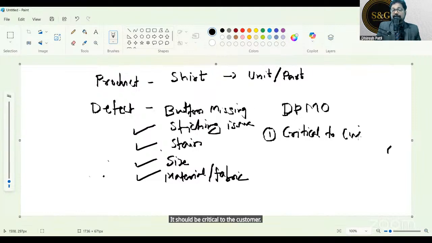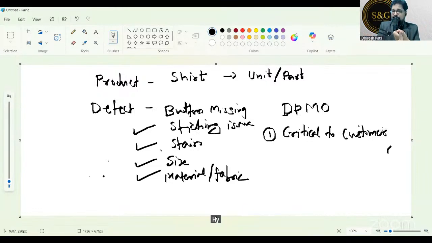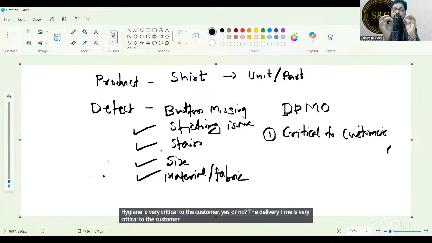If the defect comes, it should be very critical for that customer. For example, in a pizza, the taste is very critical for the customer, yes or no? Hygiene is very critical to the customer, yes or no? The delivery time is very critical to the customer, yes or no? So it should be critical to the customer. That should be considered as a defect.